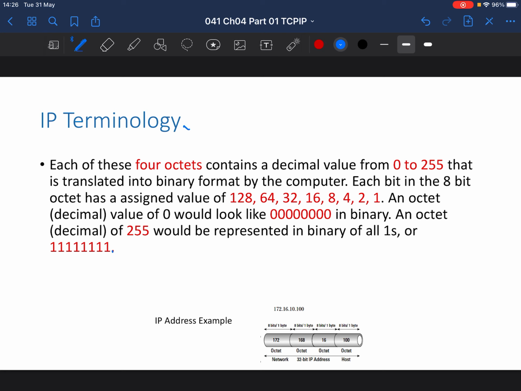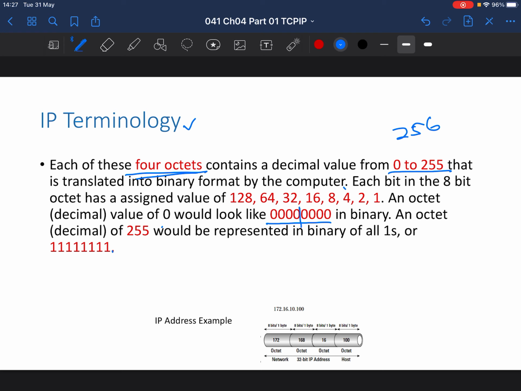Okay, IP terminology. Each of these 4 octets of the IP contains a decimal value of 0 to 255, or 256 numbers, that is translated into binary format by the computer. Each bit in the 8-bit octet has an assigned value: 128, 64, 32, 16, 8, 4, 2, and 1. An octet decimal value of 0 has 8 bits, all zeros, in binary.